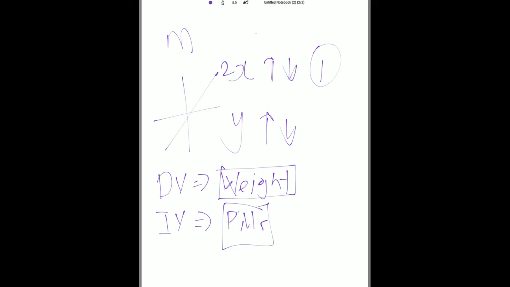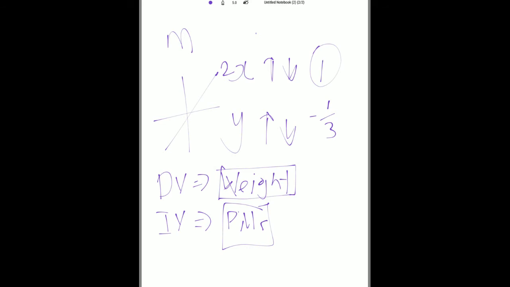However, if I were to get a gradient of -1/3, that would tell me that for every unit of pill an individual takes, their weight falls by 1/3 of a unit.